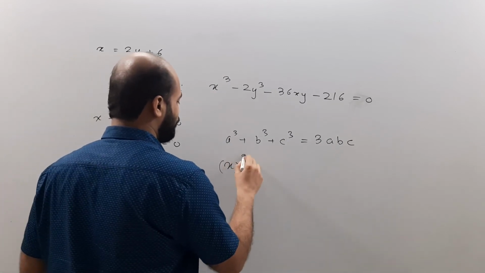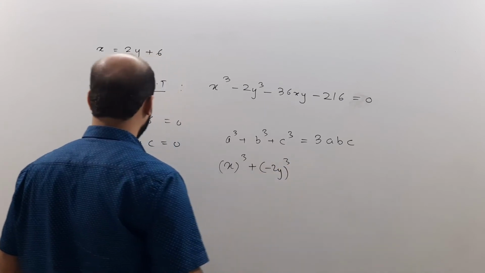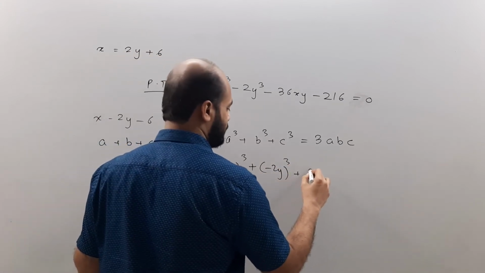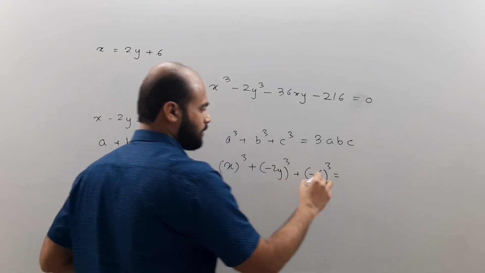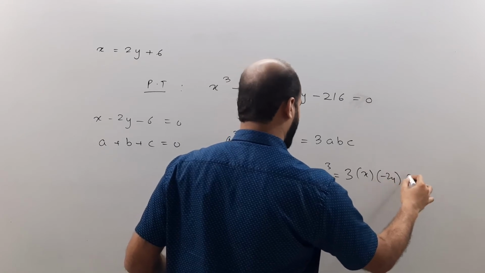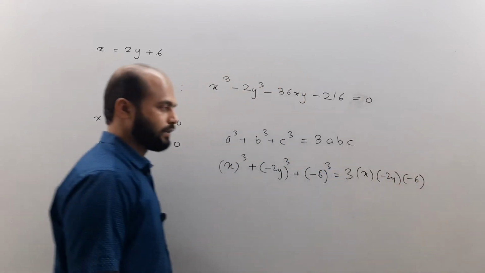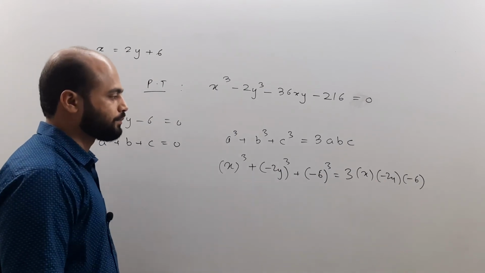So a is x, cube, b is minus 2y the whole cube, c is minus 6 the whole cube, and this is the multiplication of the entire thing, that is x, minus 2y and minus 6. Let us multiply this and check what we are getting.